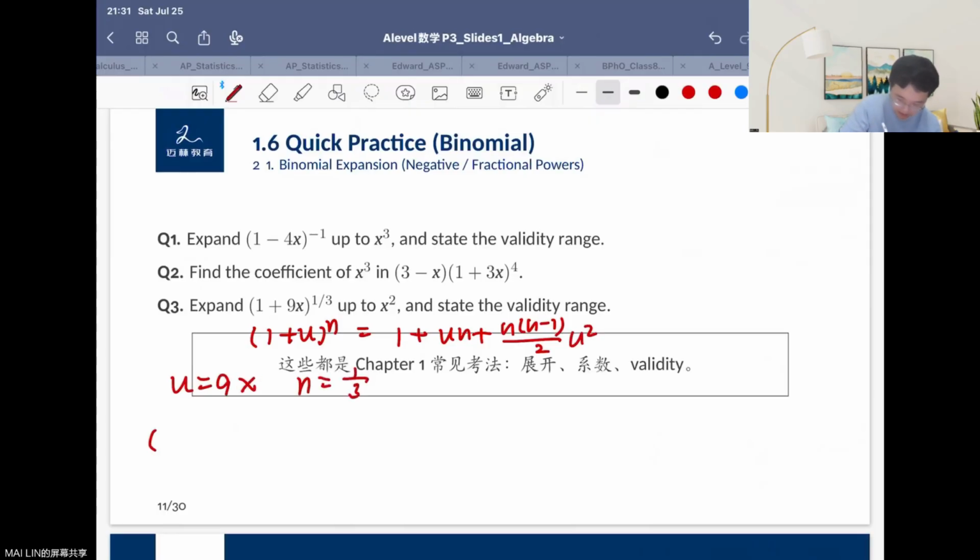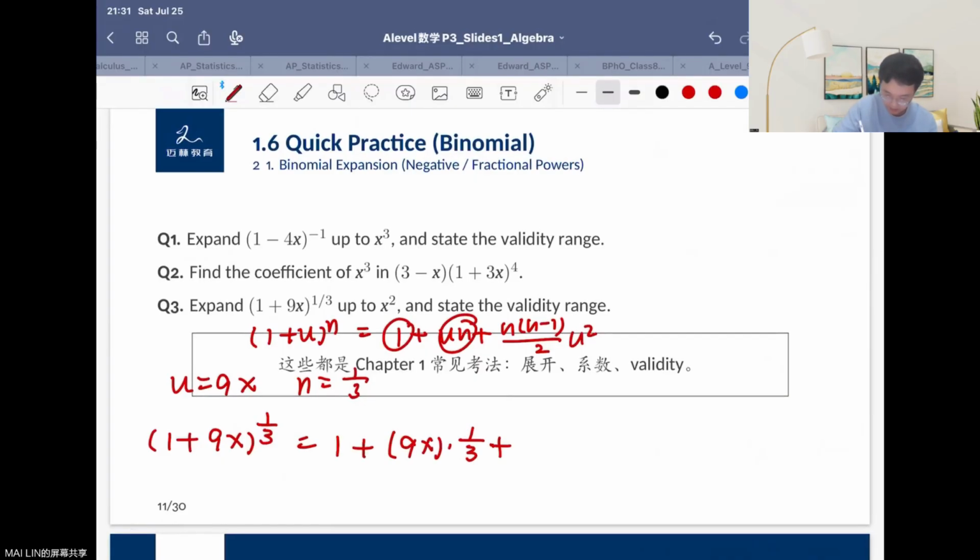So (1 + 9x) to the power of 1/3 can be considered as first is 1, second is un, so it's 9x times 1/3, and then plus n times (n minus 1), that is 1/3 times negative 2/3, divided by 2, and u squared is (9x) squared.